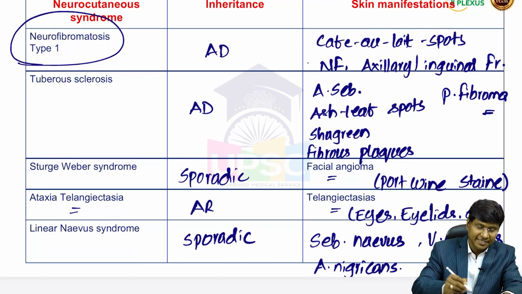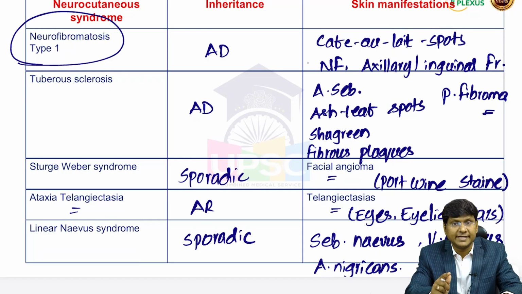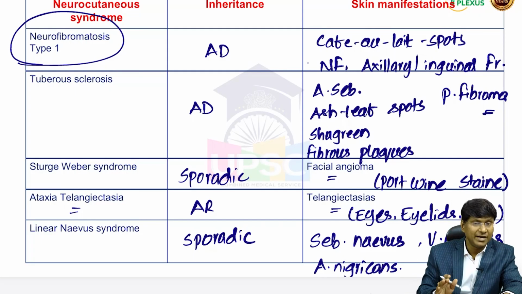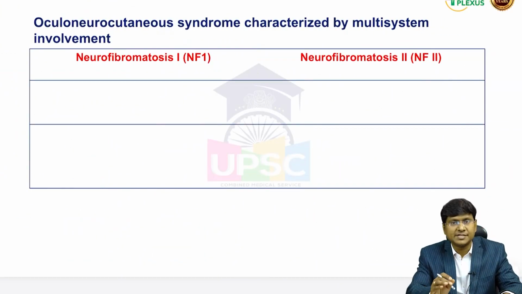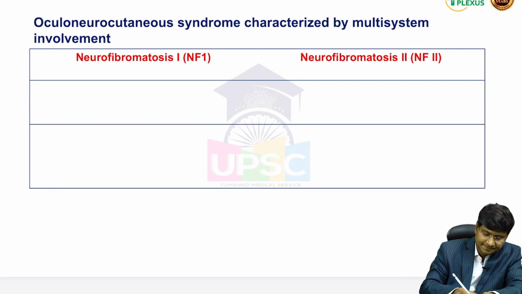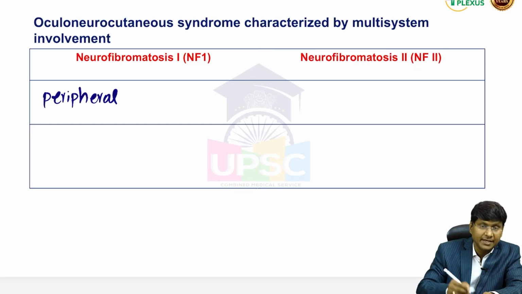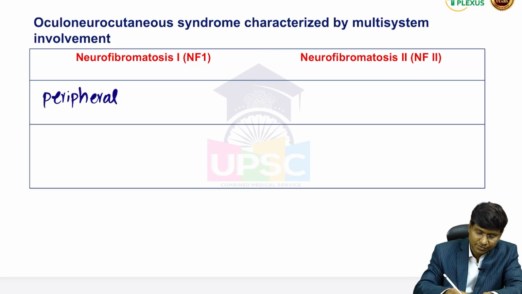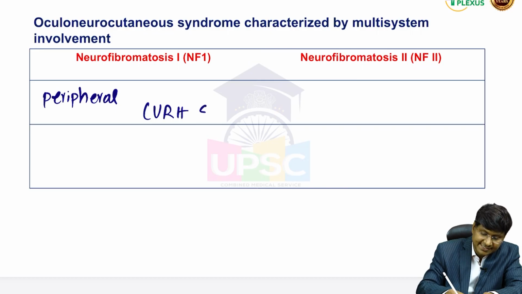Now let me discuss in detail neurofibromatosis type 1 and type 2. Neurofibromatosis type 1 is peripheral neurofibromatosis, and this is called von Recklinghausen syndrome.